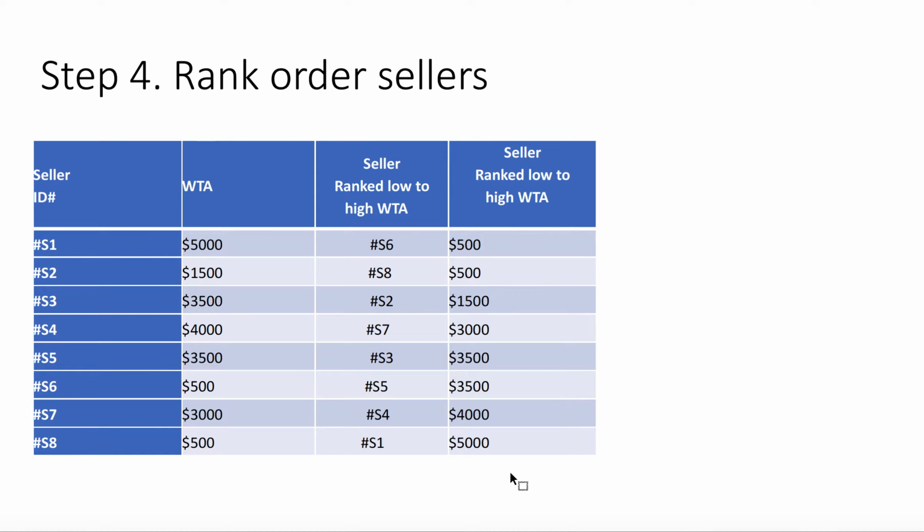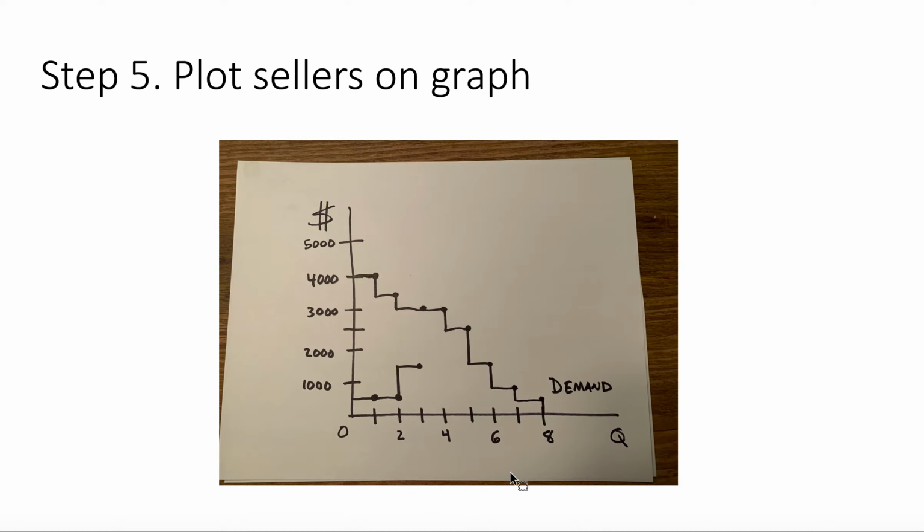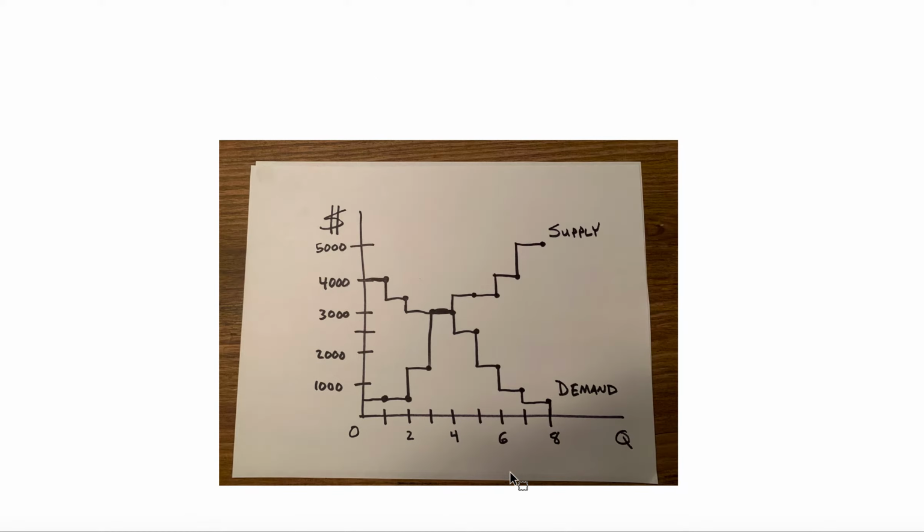Same idea, the original on the left, the ranked sellers on the right. Now you map out the sellers in another staircase, except now it's ascending, going up. As you can see, the first 2 sellers' minimum willingness to accept was 500. The third was 1,500, and you keep going until you have this supply curve.